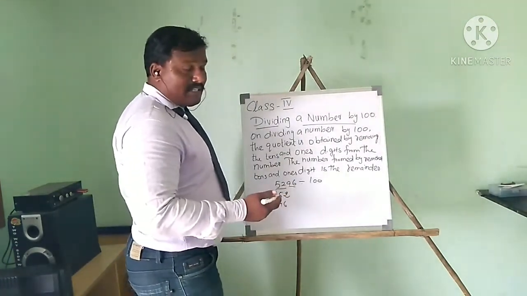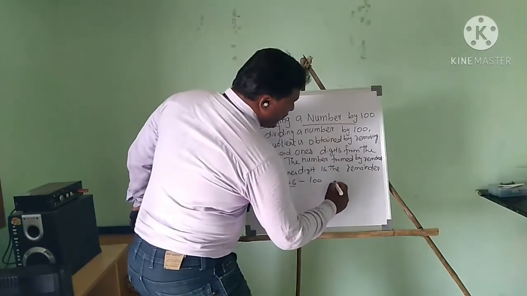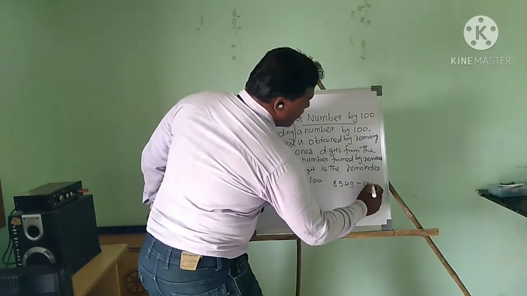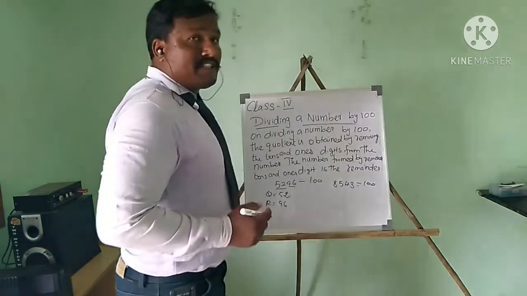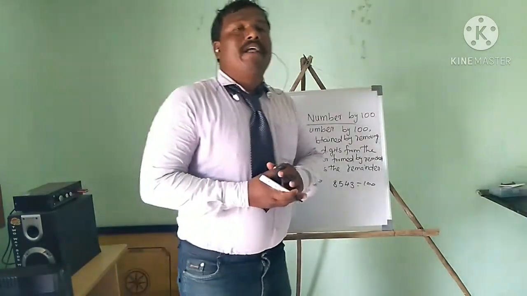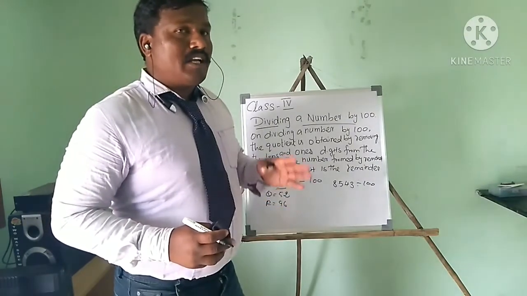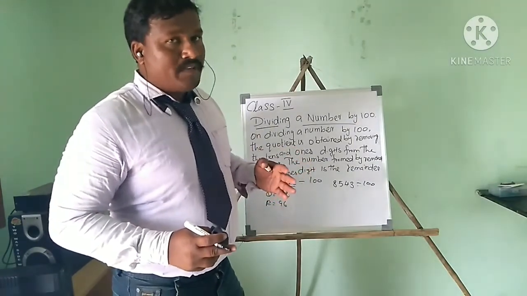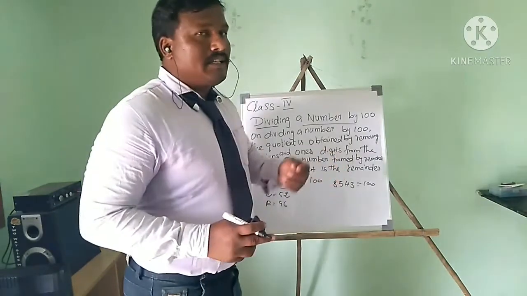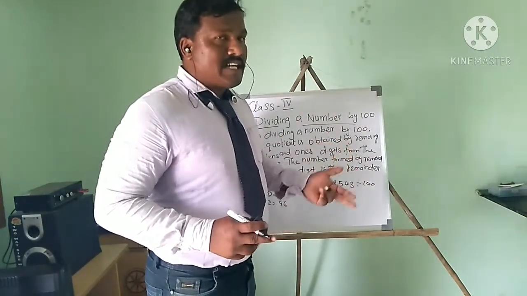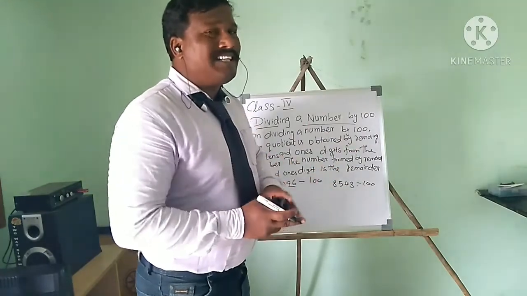I will tell you another example. 8543 divided by 100. As per the rule I already told you, when you divide any number by 100, the last two digits you have to remove. The remaining is the quotient, and the last two digits, in the ones place and tens place, form the remainder.